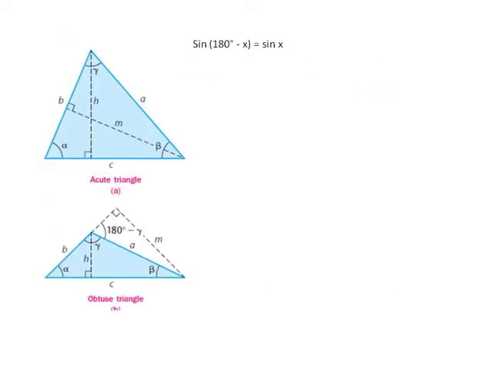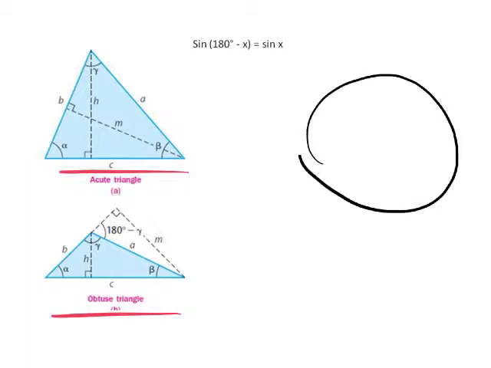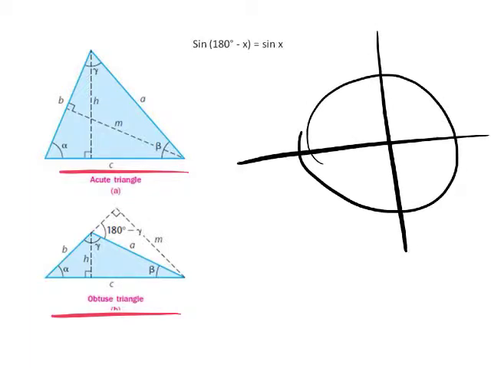Okay, another thing you want to think about, and here it shows it visually, but let me show you how I understand it a little bit better. If you think about the circle, and we want sine, if you think about sine in this quadrant and this quadrant, it's going to be positive because sine deals with y, and y is positive.